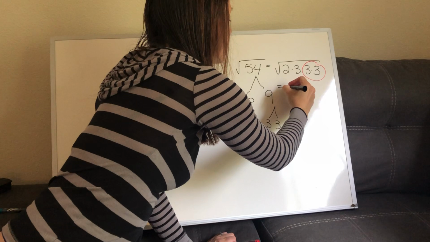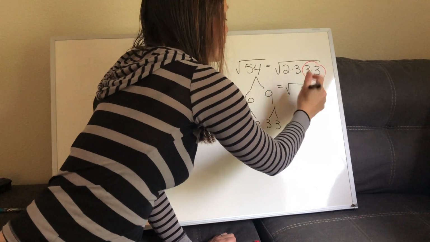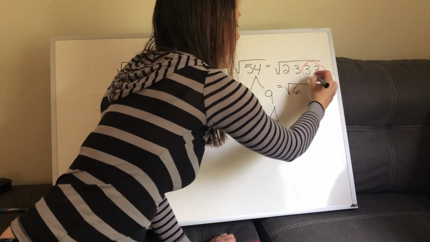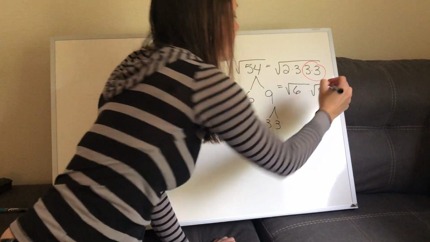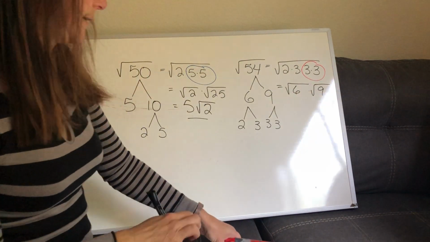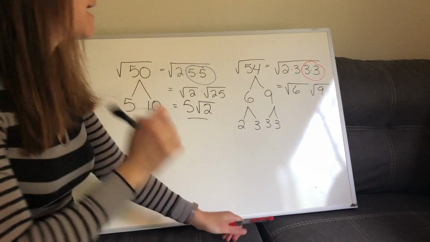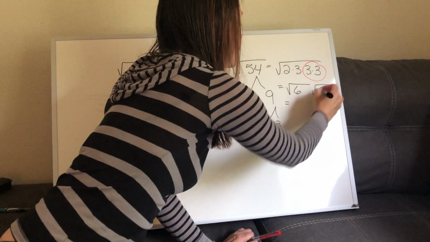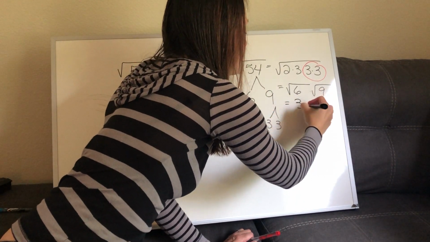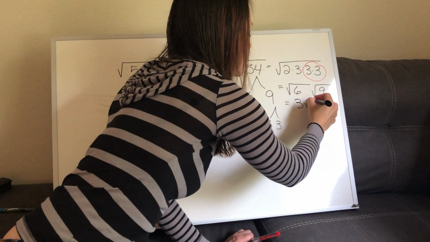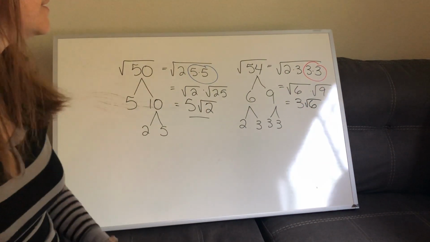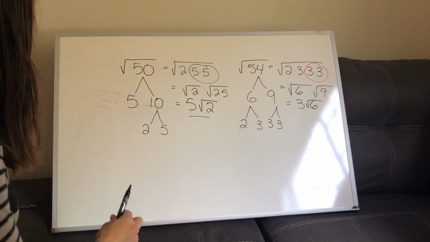So let's look at this. 2 times 3 gives me 6, so I can leave that there. 3 times 3 gives me 9. And there's my perfect square again. So that can come out of the radical. So that reduces to 3. And then this is not a perfect square, so that gets left behind, 3 root 6.